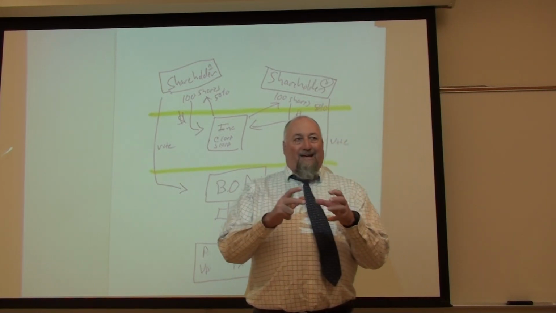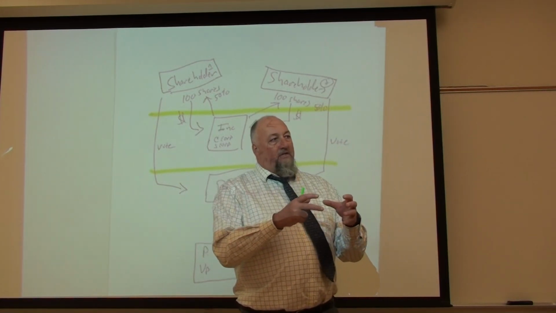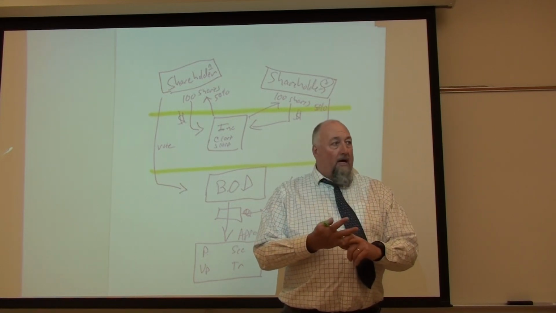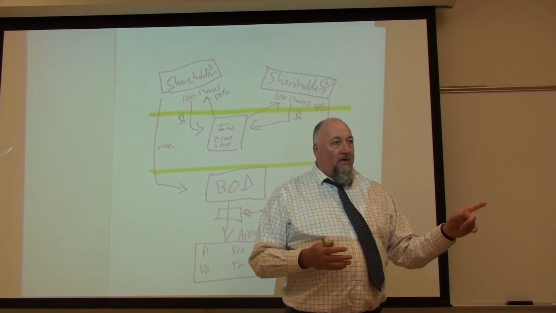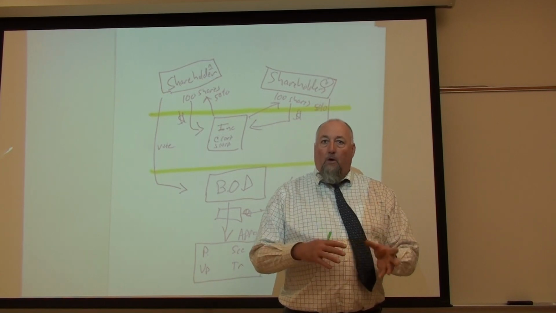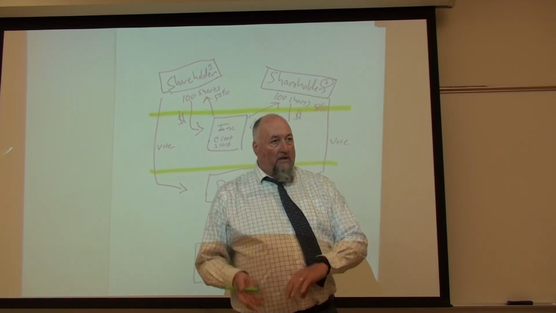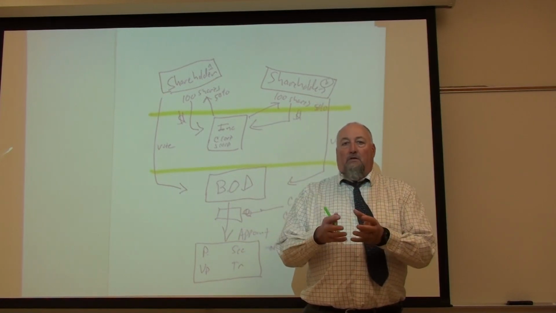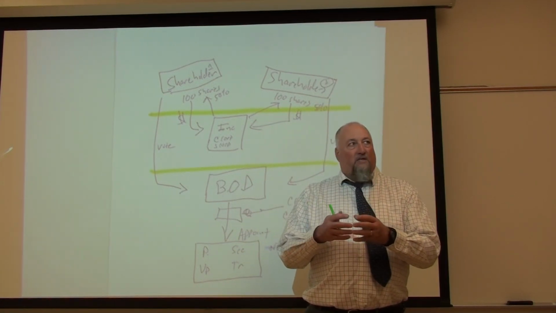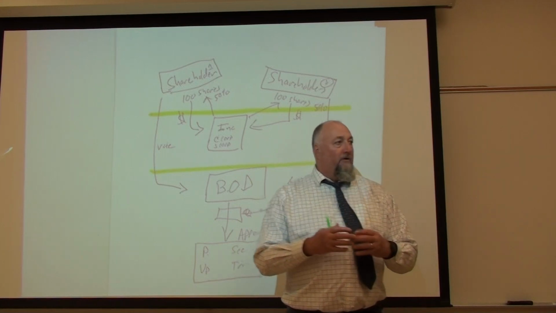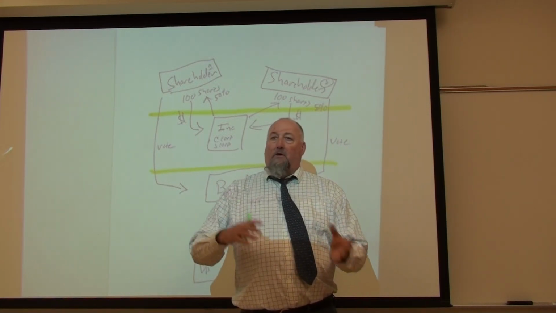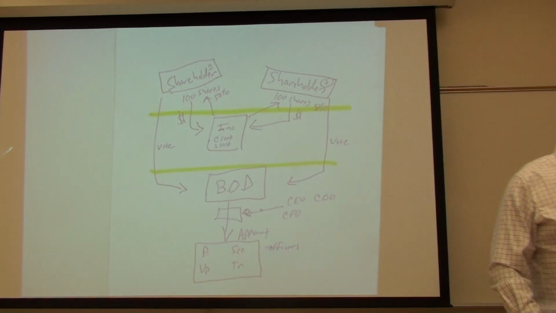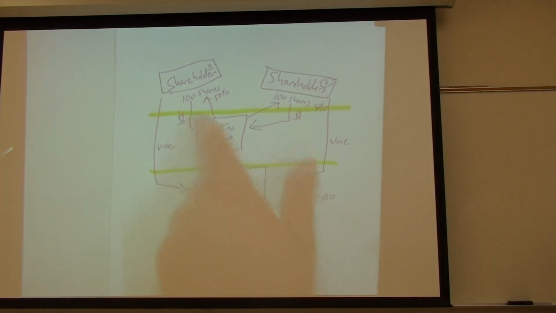And the idea of the entity theory is that the debt and claims, lawsuits, are against the entity, not the people that own the entity or manage the entity. So if a corporation enters into, let's say it's a farm, they want to buy a tractor for $300,000. They go to John Deere Credit Corporation, they get a loan, and the loan is in the name of the corporation, not the owners.